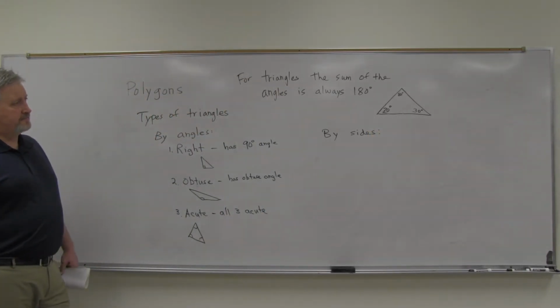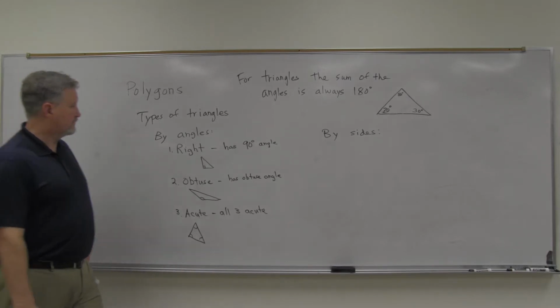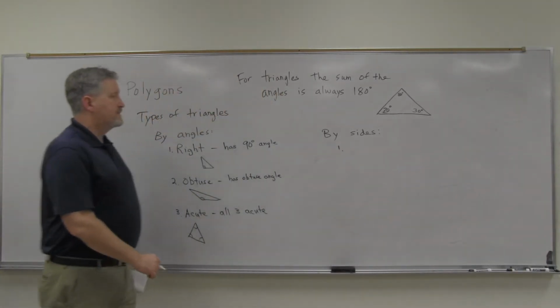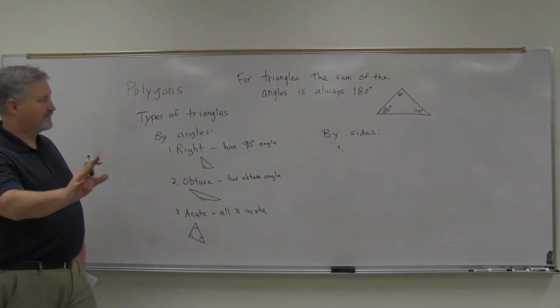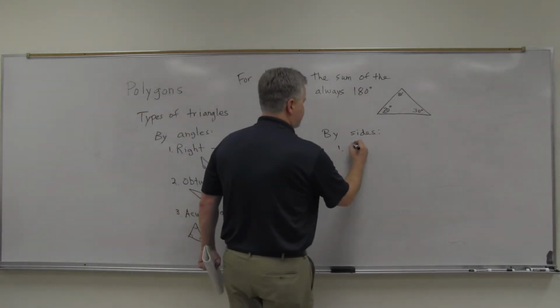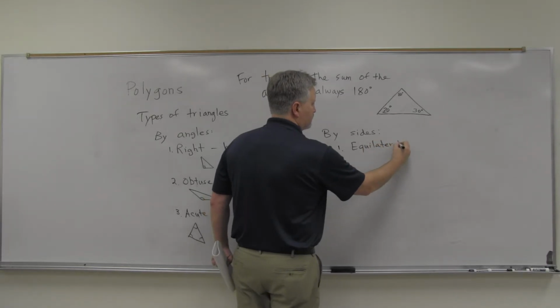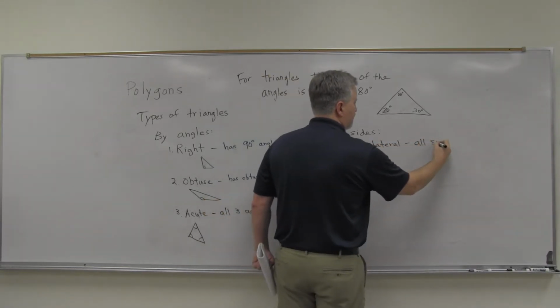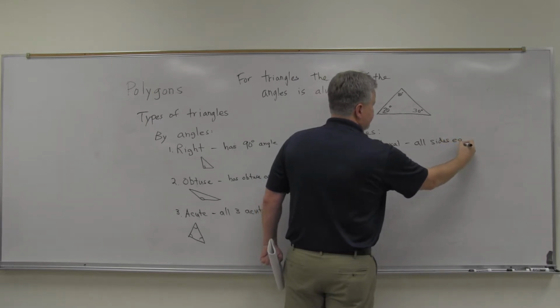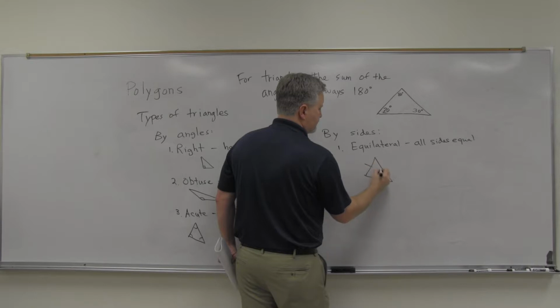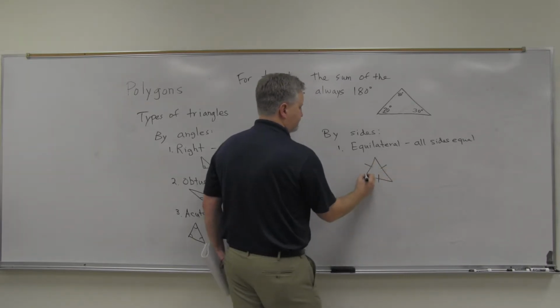All right, and so of course, if we have all three sides the same, that's the equilateral triangle. All sides equal. So this side equals this side equals this side.